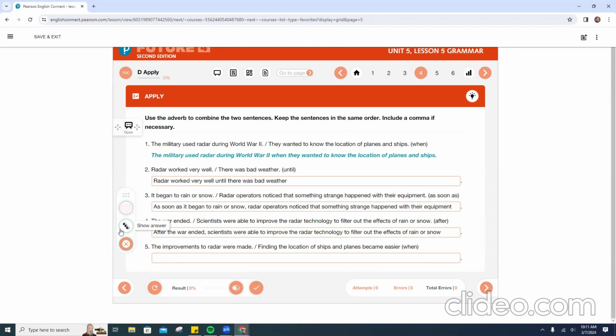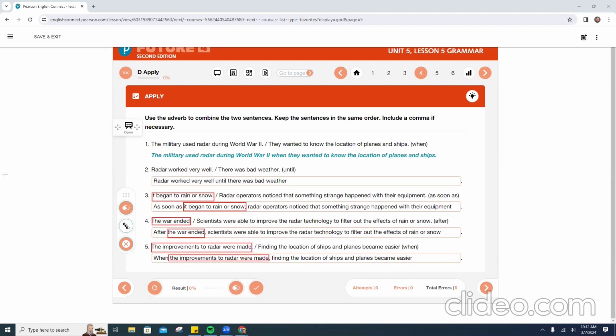And the last one, we use: when the improvements to radar were made, comma, finding the location of ships and planes became easier. Okay, so again, it seems that they did keep the information the same. For example, here, began to rain or snow, or this one here, the war ended, or improvements were made.